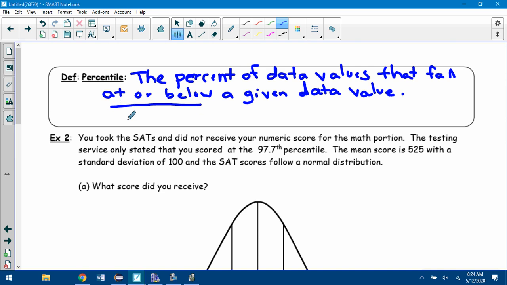Okay, and I stress at or below. When you hear the word percentile, you want to think at or below. That'll help you.